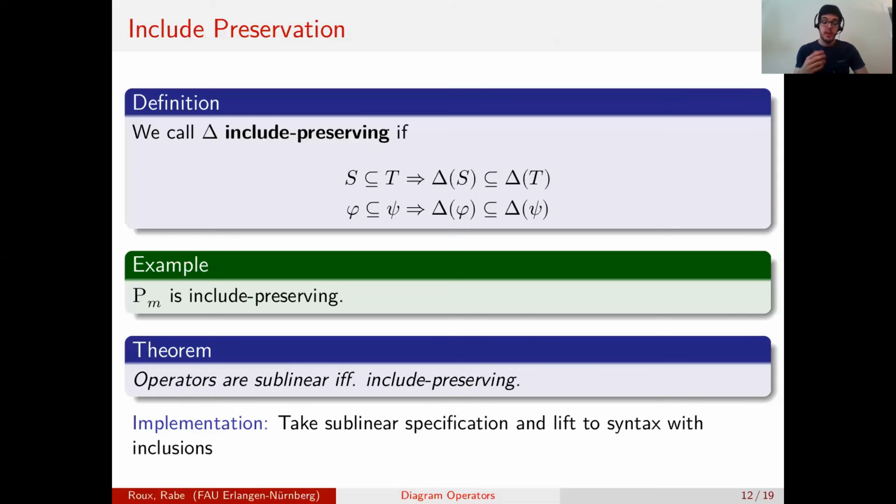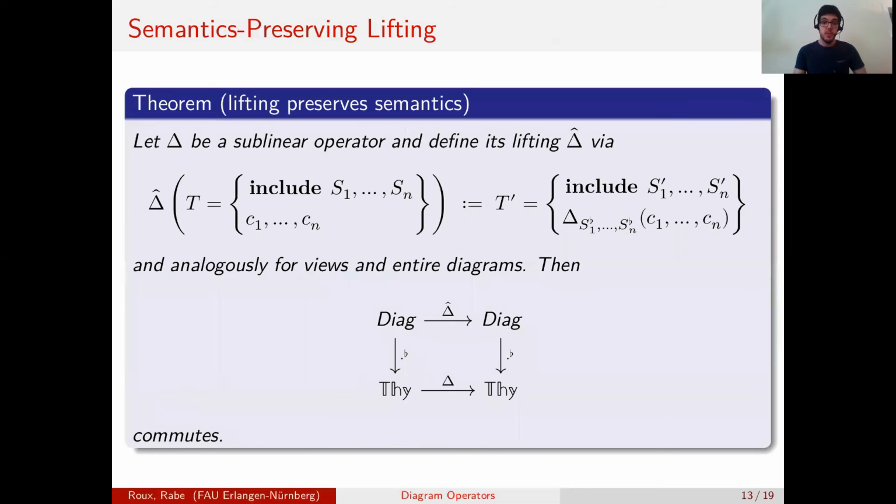And now we can use that to climax in our main theorem that lifting preserves semantics. So let delta be a sublinear operator. Then we can define the lifting delta hat morally the obvious way, but notationally it's a bit cumbersome.